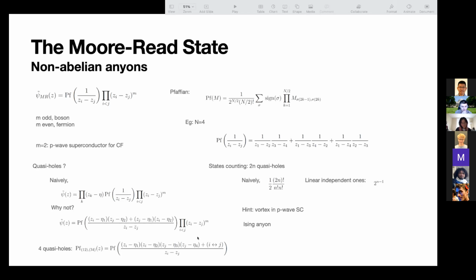So that means this putative quasi-hole actually splits into two quasi-holes. Yeah, that's very interesting, and we can include more quasi-holes in terms of the coefficients in the numerator of this Pfaffian.